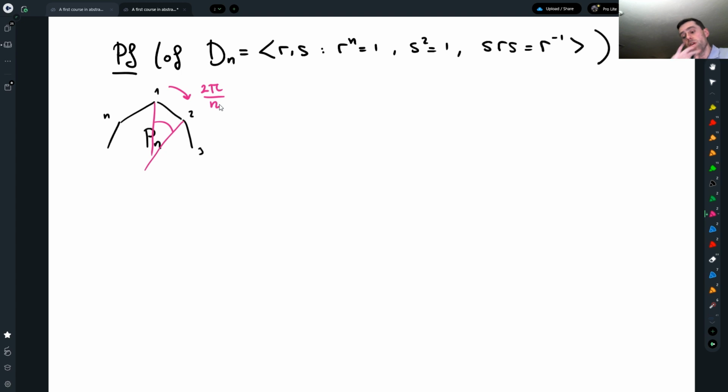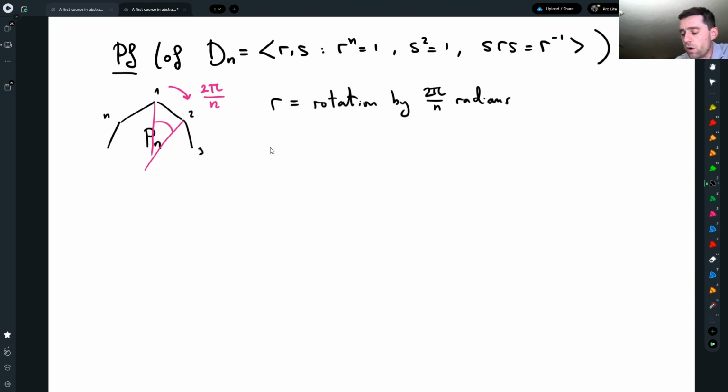That rotation is a symmetry, a rigid motion of the polygon, and sends 1 to 2 and 2 to 3. Great. So that identifies what element I'm talking about. So R is going to be rotation by 2 pi divided by n radians.